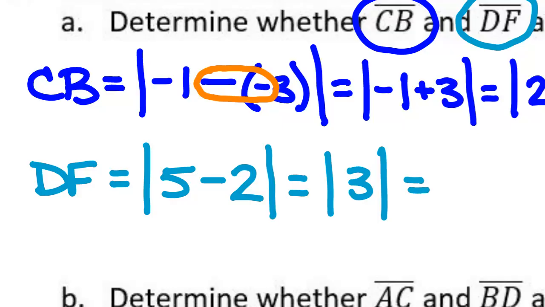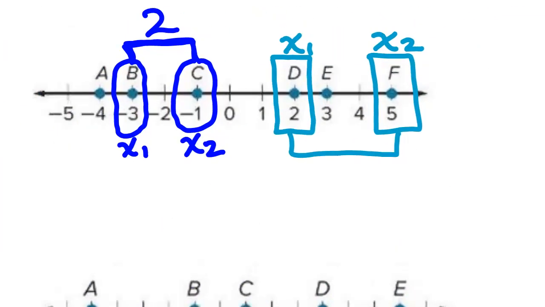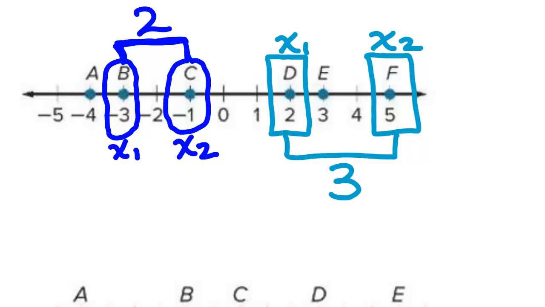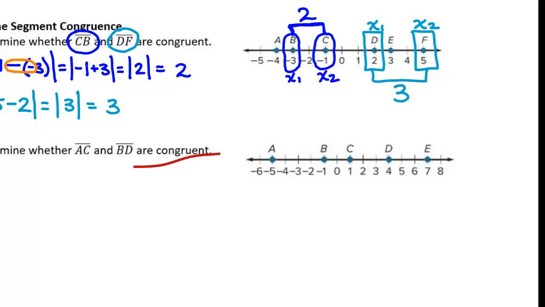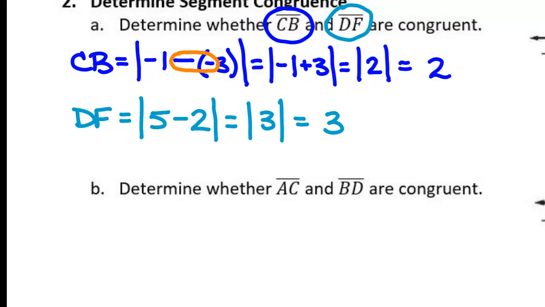What is the absolute value of 3? 3. So I have one segment that's 2 and one segment that's 3. Are these segments congruent? No. Why not? What does congruent mean? That they're the same size. Well, I have one segment that's 2 units long, one segment that's 3 units long. So I would say no.